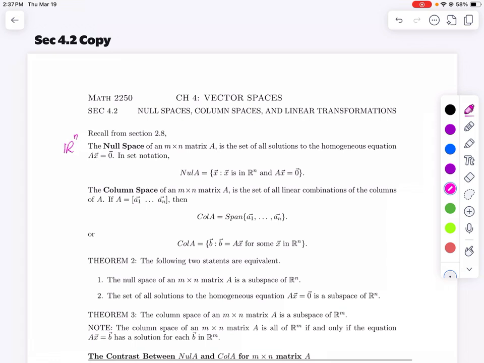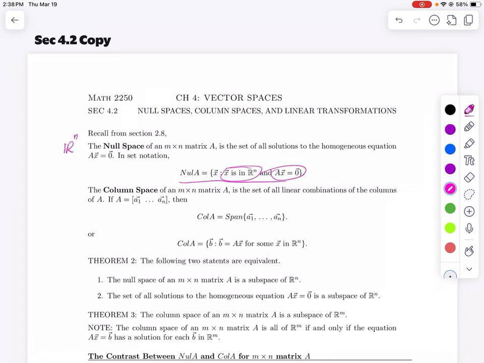In set notation, null A is the set of all x such that x is in Rn. This is important to note: x has to be in Rn, and Ax equals 0, so when it is multiplied on the left by the matrix A, we get a 0 vector. The column space of the M by N matrix A is the set of all linear combinations of columns of A.